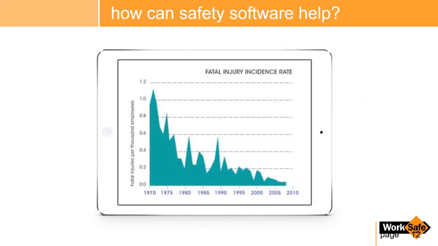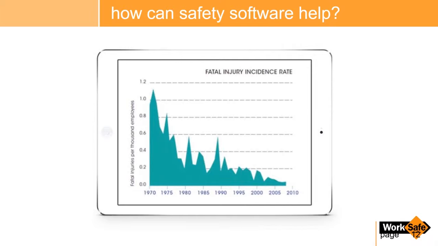What is interesting to note is safety management software was really pioneered in the mining industries because originally safety management software was very, very expensive. We didn't have cloud-based software available, and the only way to implement it was through having a lot of money, which mining companies had.